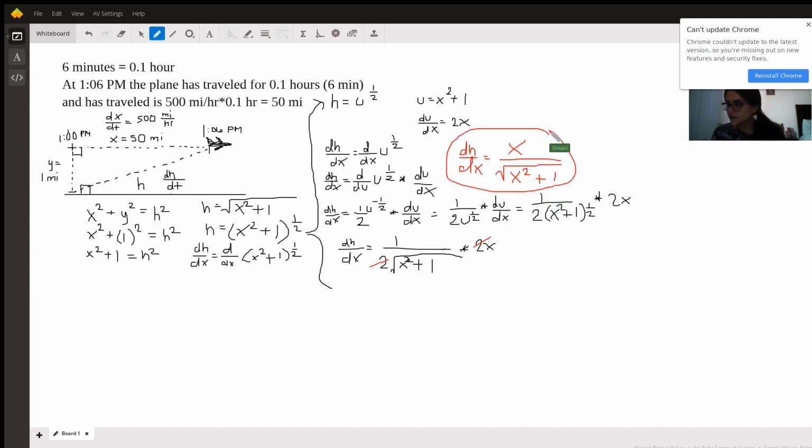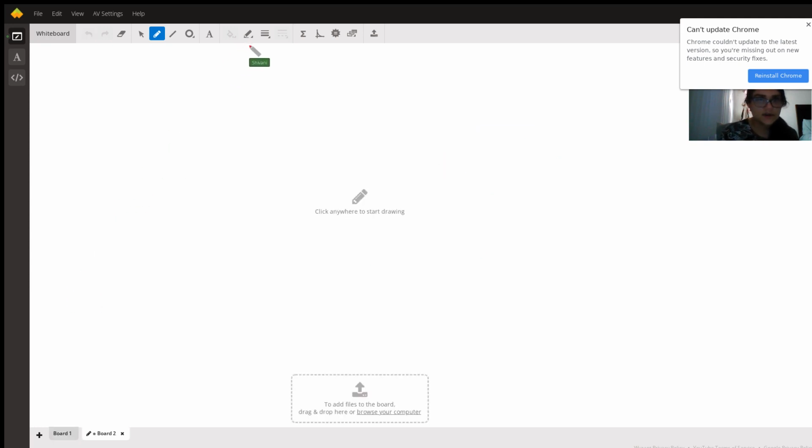All right, so now that we have dh over dx and we have dx over dt, we can write an expression for dh over dt using dh over dx and dx over dt. So dh over dt, again, that's the rate of change of that hypotenuse distance between the radar station and the plane.